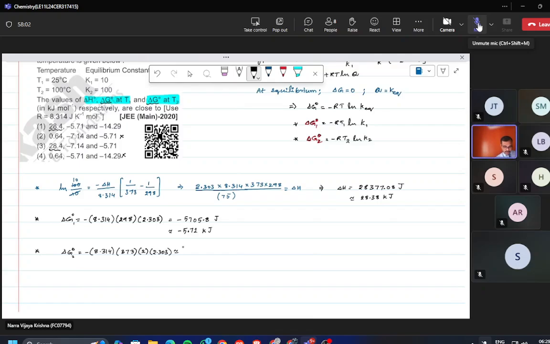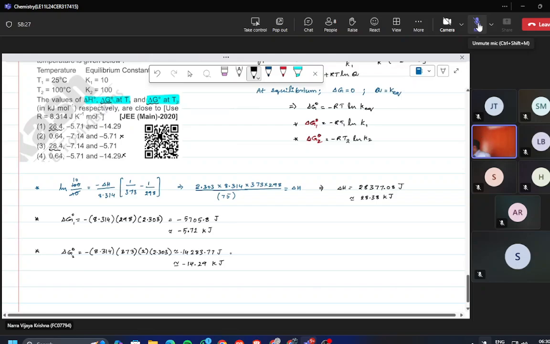Not double value, sir, because only the temperature is also gone, na? 373. Okay. So I am getting this value as 14283.7679, I will write as 77 joule. Means can I write this value as minus 14.29 kilojoule? I got the value.